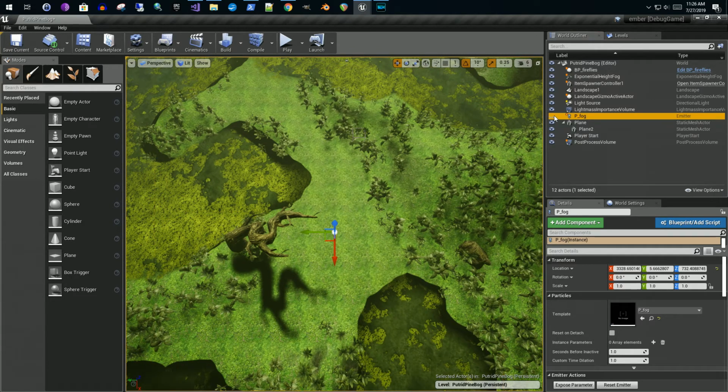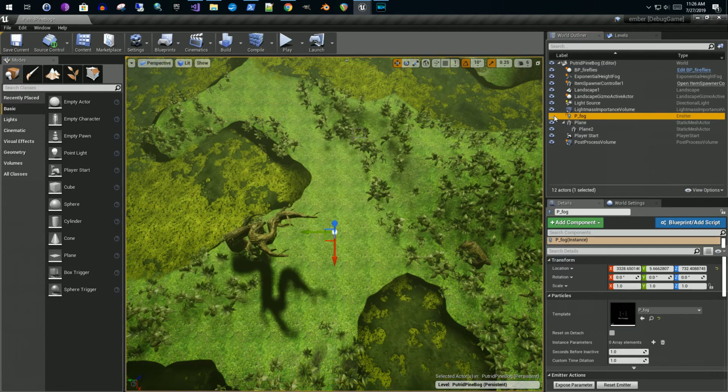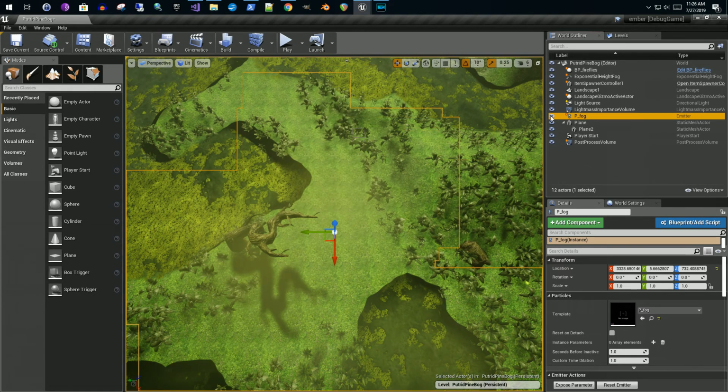So here's when it's off, here's when it's on. Very subtle, not overwhelming. And of course, if you wanted to do something more extreme, you could. But anyway, I just wanted to show you that. That's what this will look like in effect.